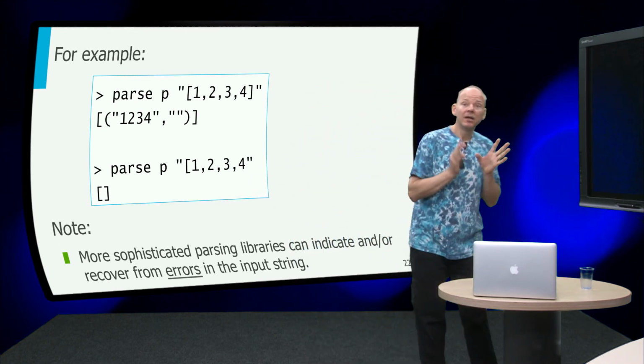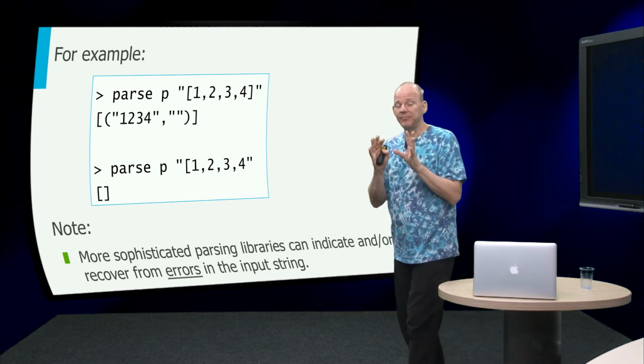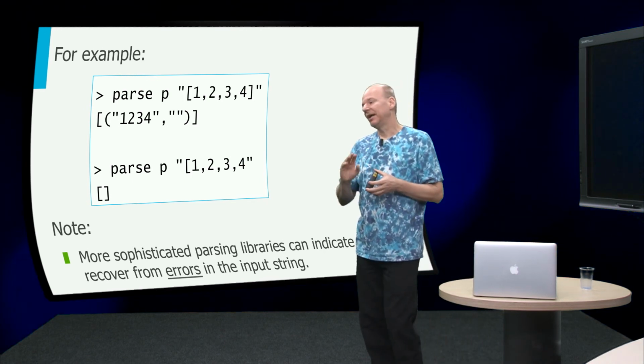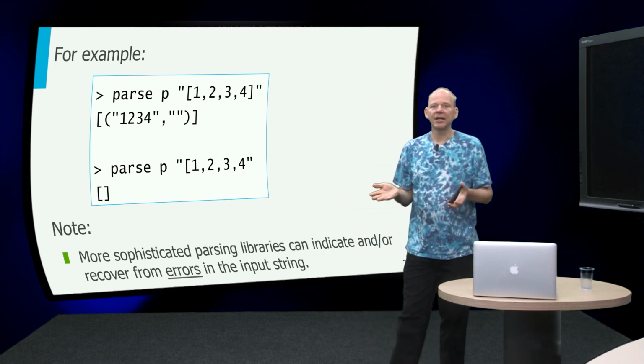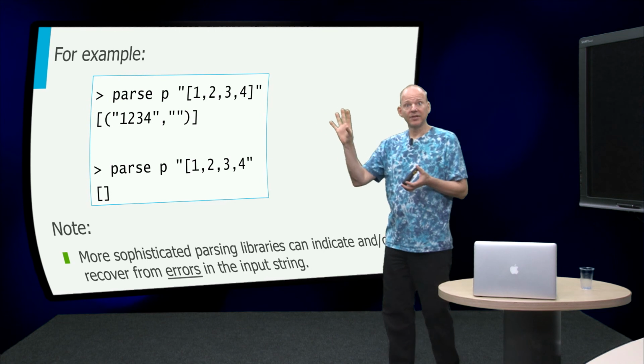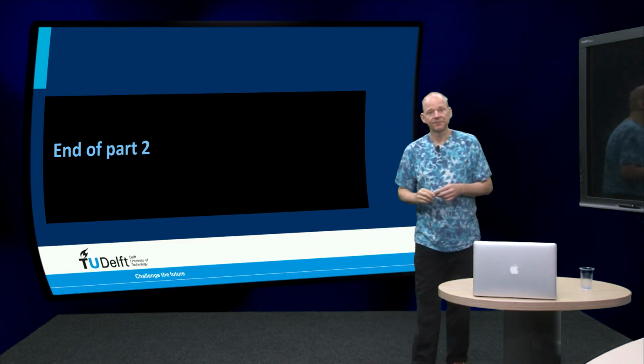But again, we're trying to cover here the very, very basics of parsing. And there's plenty of parsing libraries for Haskell and for other languages that are based on the same idea that add all these more sophisticated features.